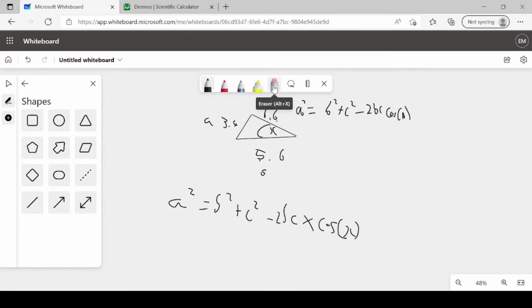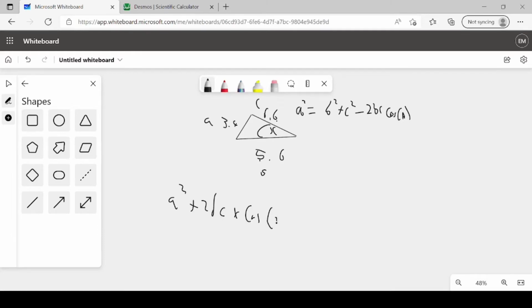So let's start by adding 2BC times cosine X to both sides. So we know now that A squared plus 2BC times cosine X is equal to B squared plus C squared.